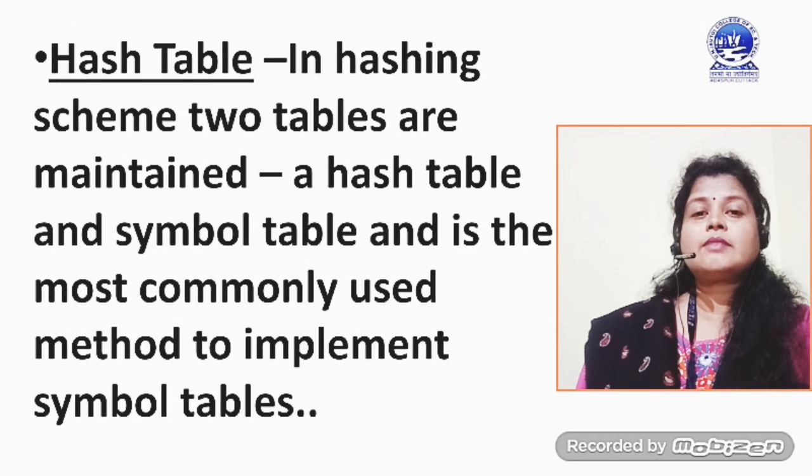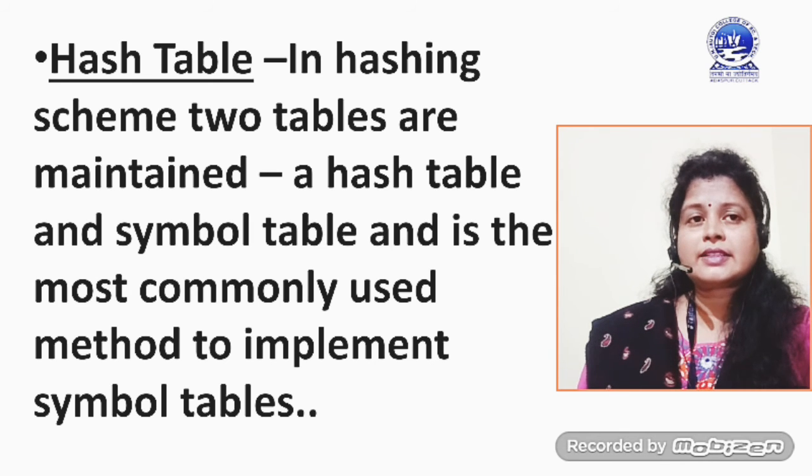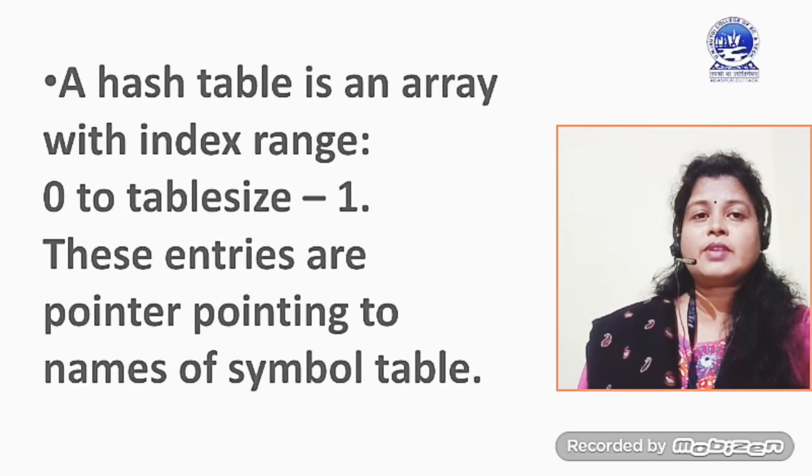Now we will discuss one popular type of representation of the symbol table, that is the hash table. In the hashing scheme, two tables are maintained, one hash table and one symbol table, and it is the most commonly used method to implement the symbol table.